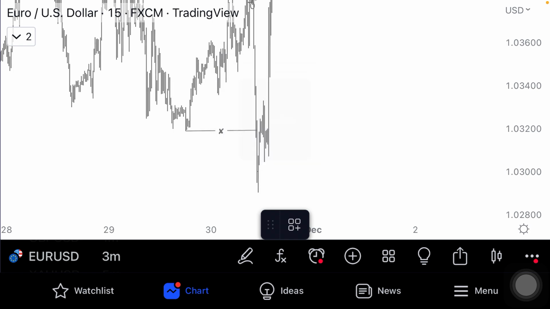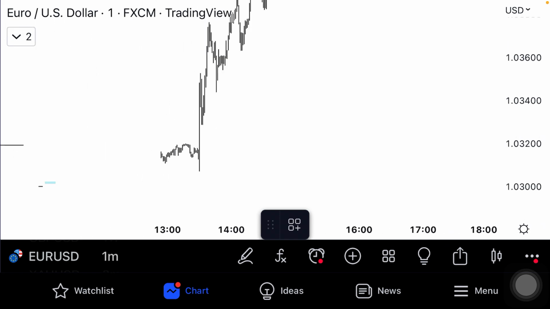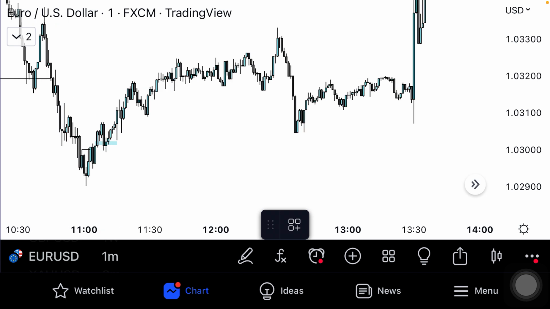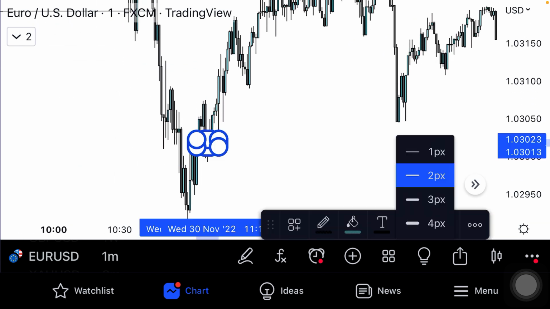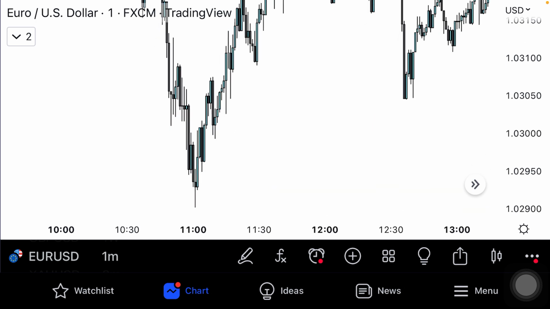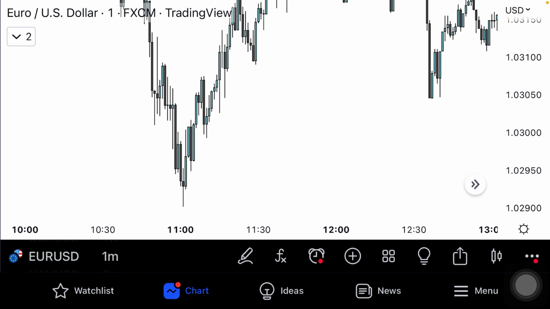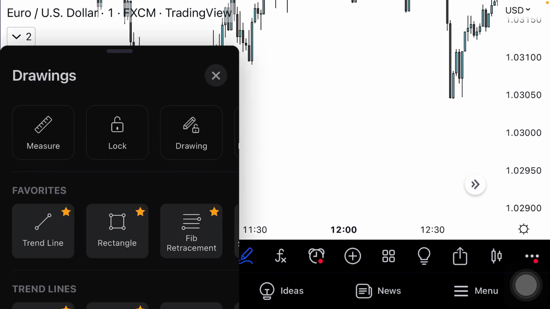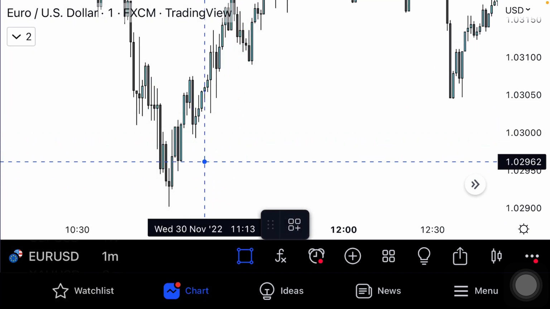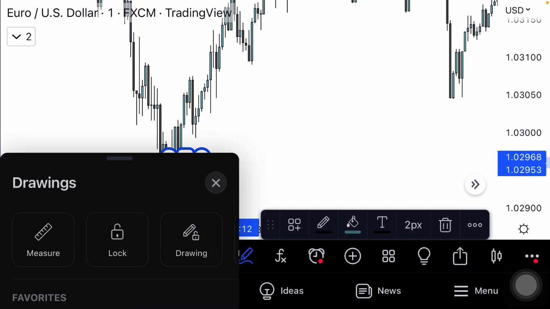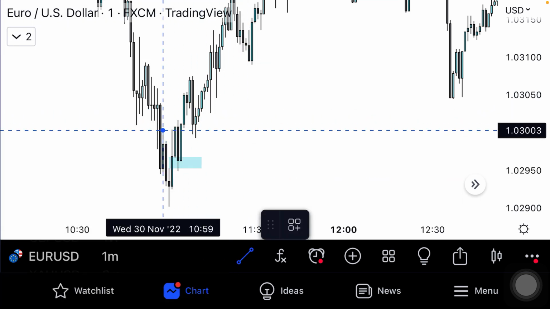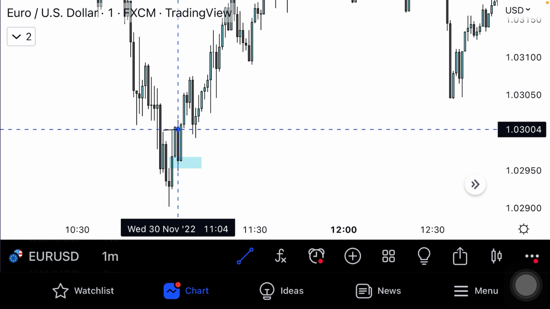What we're going to do is go to lower time frames once again. I actually took this trade and I have shared this on my Telegram too. So this is where I have the fair value gap. This is where we have the market structure shift.